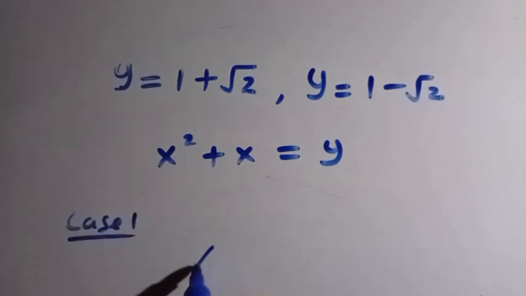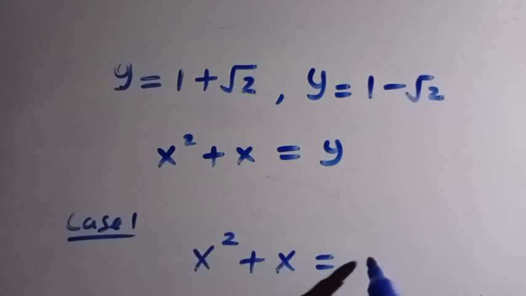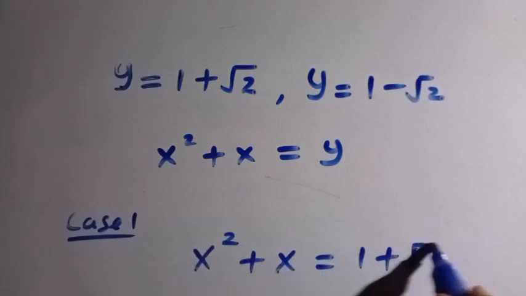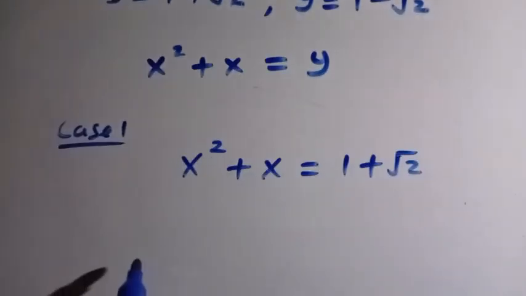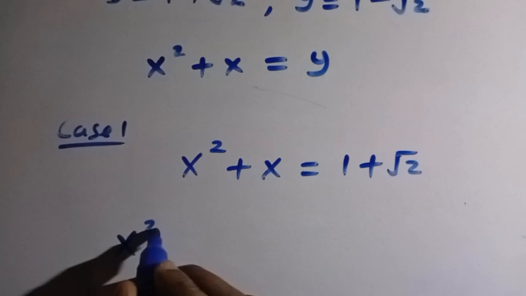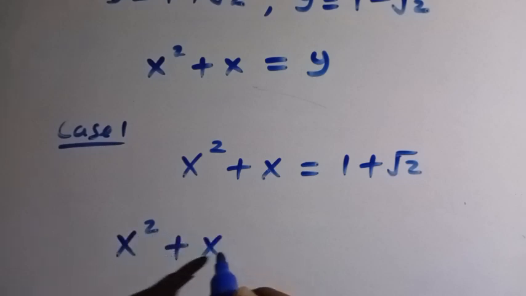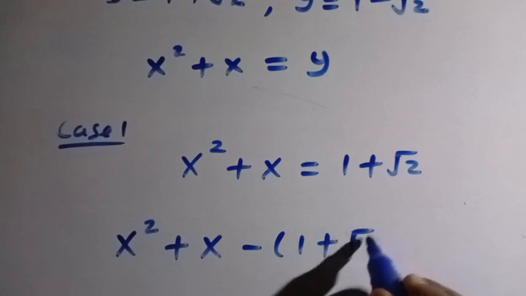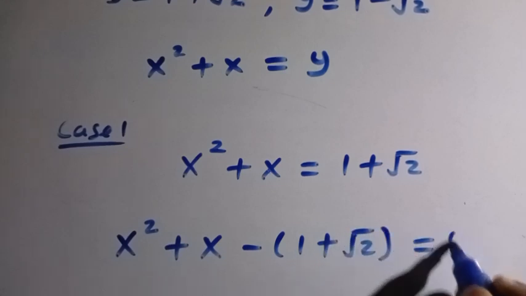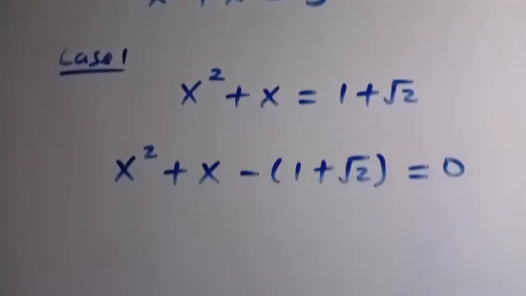We have x squared plus x equals 1 plus root 2. By taking the whole of this to one side, we have x squared plus x minus open bracket 1 plus root 2 equals 0.